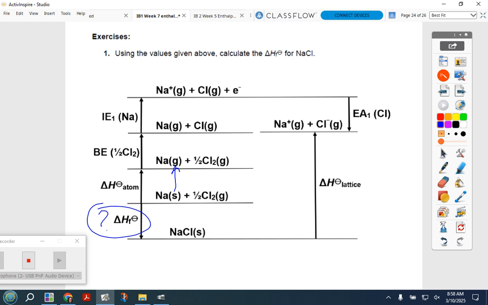This is essentially going to be our bond enthalpy, but it's going to be half of the bond enthalpy for Cl2, because we only have half a mole going down here into our NaCl. So this is taking our 1/2 Cl2 and turning it into just neutral chlorine atoms. So this is going to be bond enthalpy.